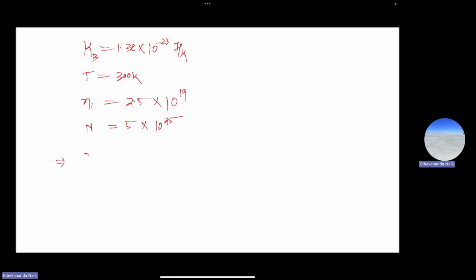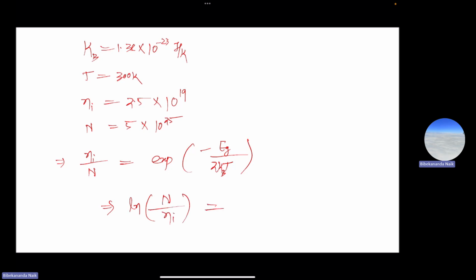So Ni by N is equal to exponential minus Eg by 2 kBT. Then if you take ln on both sides, ln N by Ni will be Eg by 2 kBT, since this minus converts Ni by N into N by Ni.